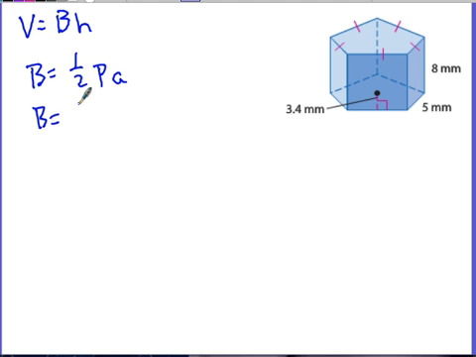So the base area is 1/2 times the perimeter is 5 millimeters times 5 sides. So I should have written 25 there. 1/2 25. That's the perimeter. And 3.4 is this apothem right here.